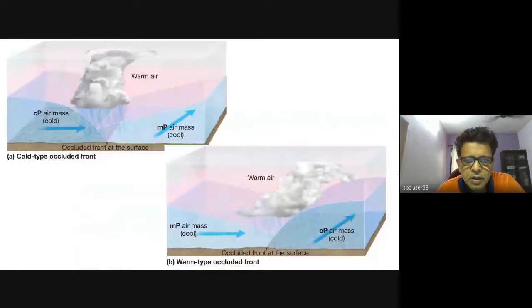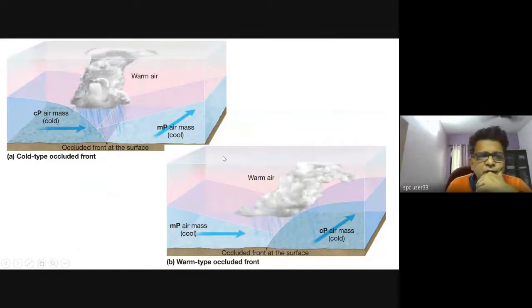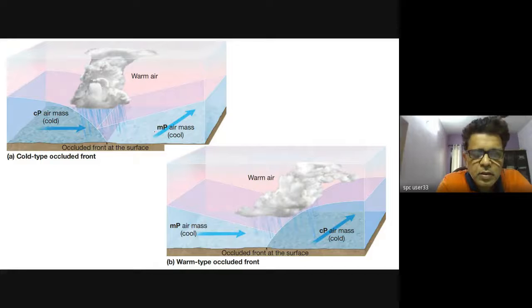This is how it should look in a three-dimensional way. The cooler mass is moving this way, the cold air is moving this way, and the warm air has been lifted off the ground. This is the point of the occluded front.